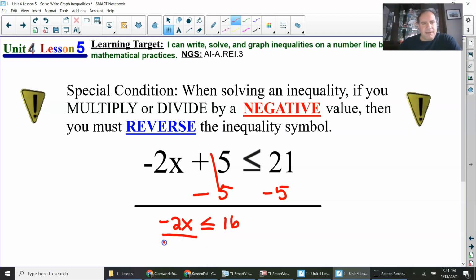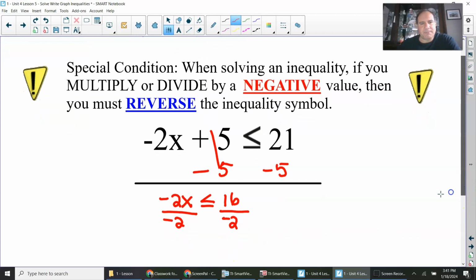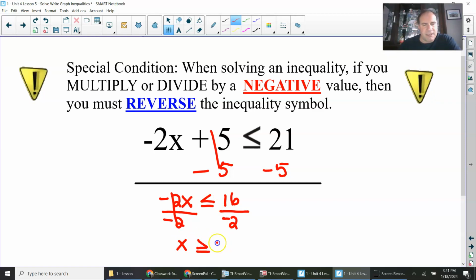Then when you divide by a negative, you're dividing by a negative number. That's exactly when you flip the inequality symbol. This cancels. The x comes down. Instead of less than or equal to, it is greater than or equal to, and it is negative 8. So this is the part that we're talking about.